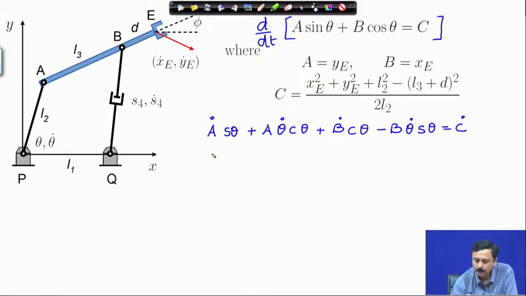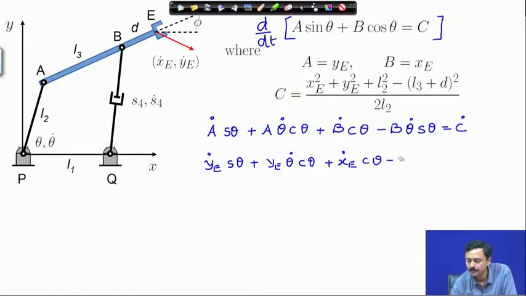Now, if you use these expressions of A, B and C, then you have these relations.